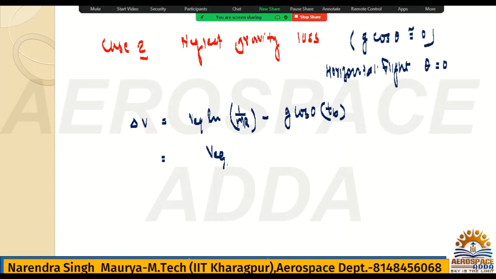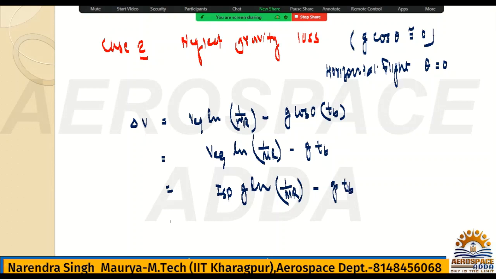So this is nothing but V equivalent ln 1 by mr minus G TB, and this V equivalent you can write as ISP G. So you can write ISP G ln 1 by mr minus G TB.